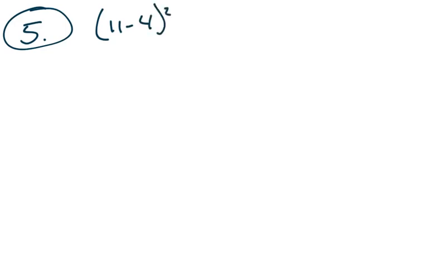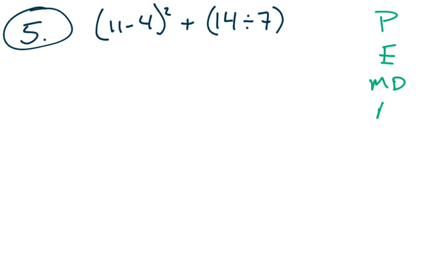Let's do number 5. We have the quantity of 11 minus 4 squared plus 14 divided by 7. So we get PEMDAS. So we're going to do parentheses first.